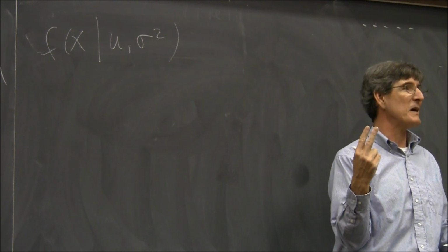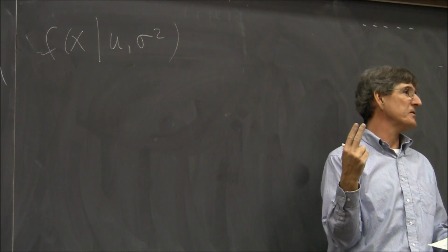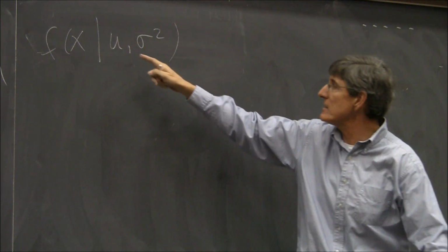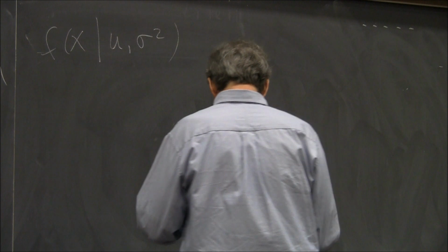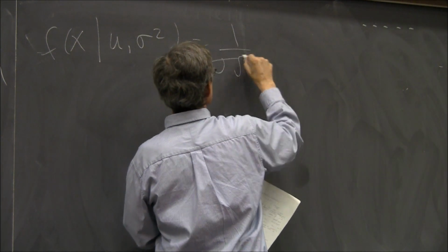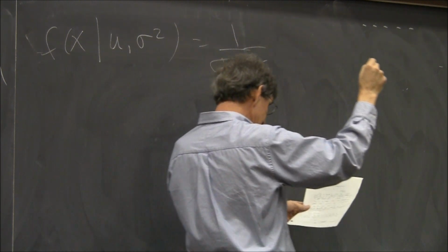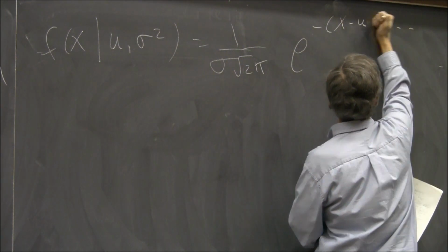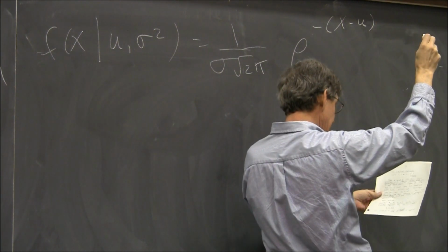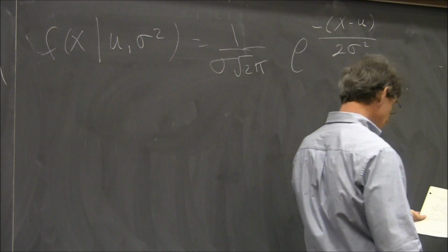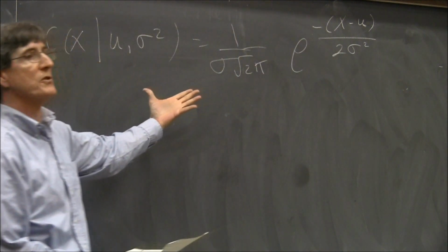That's one thing that makes it special. Not all distributions are like that, but this one is. This would be 1 over sigma square root 2 pi, e to the minus x minus u, where u is the mean, over 2 sigma squared. Remember that? That's a normal distribution.